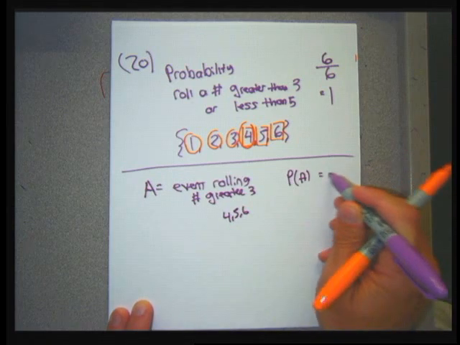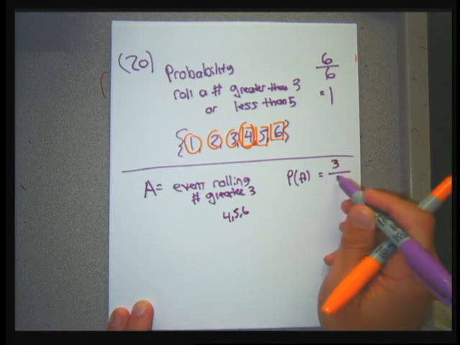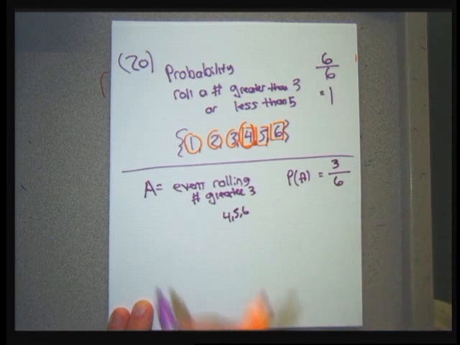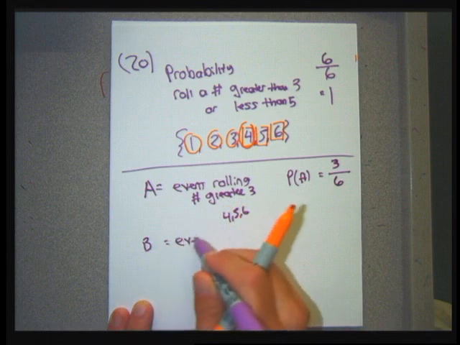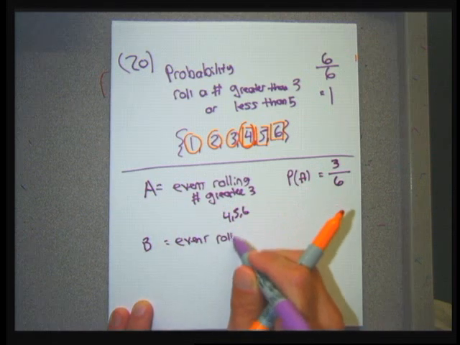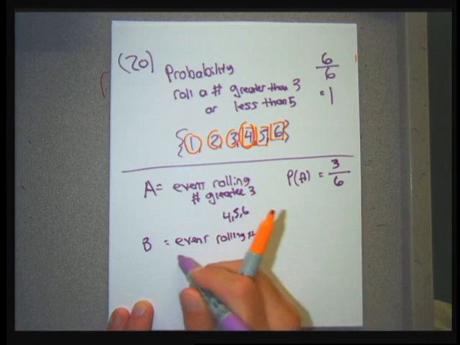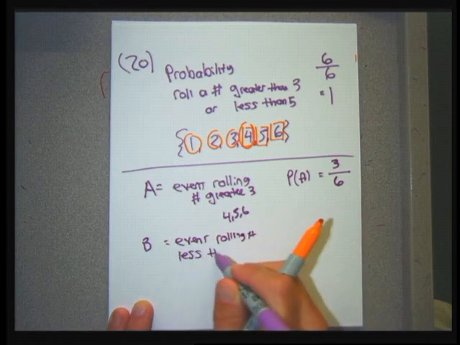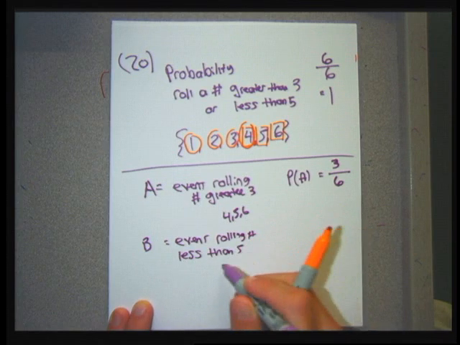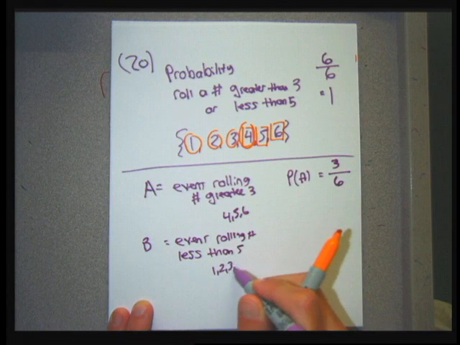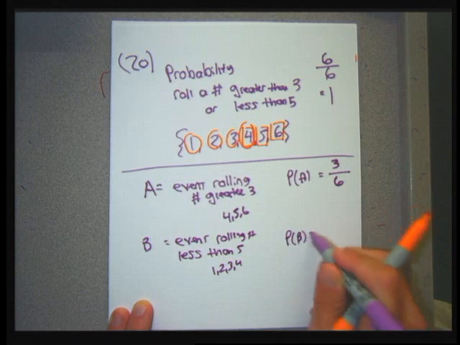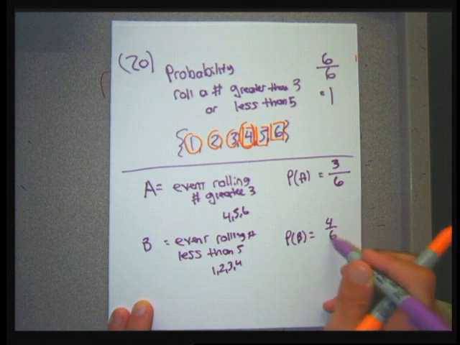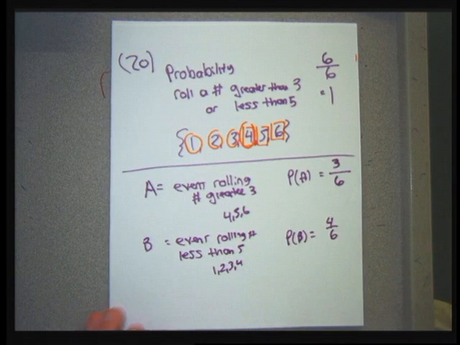So for the probability of A, there are 3 numbers of the 6 that I could roll that satisfy A. I'll make B the event of rolling a number less than 5, and the numbers that I could roll that are less than 5 are 1, 2, 3, and 4. So the probability of B is going to be the 4 numbers that satisfy B out of the 6 numbers possible.